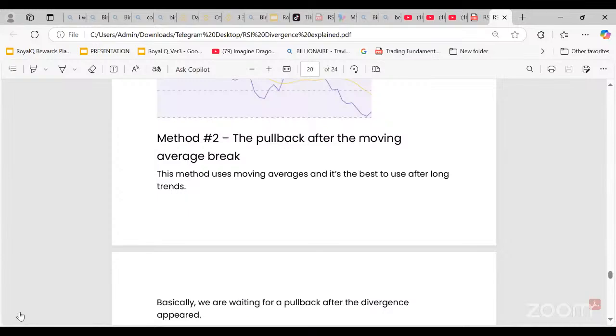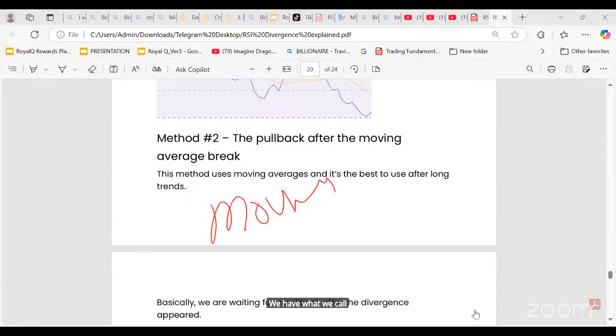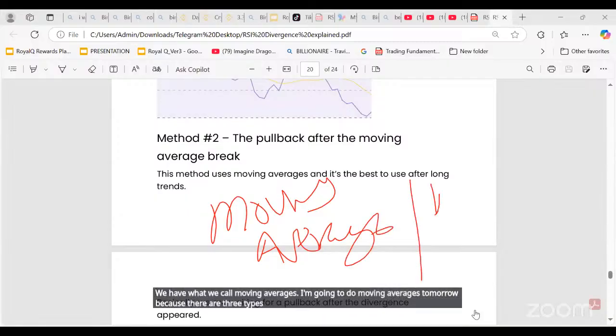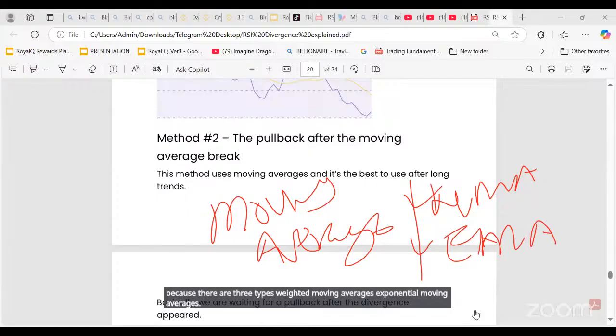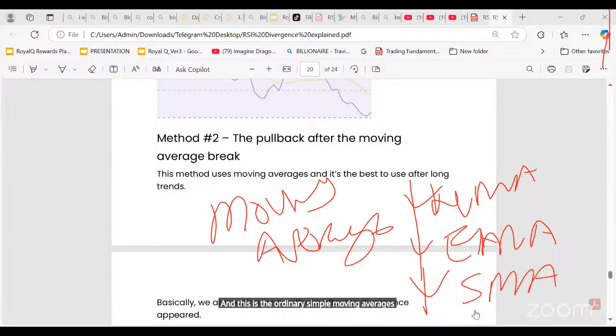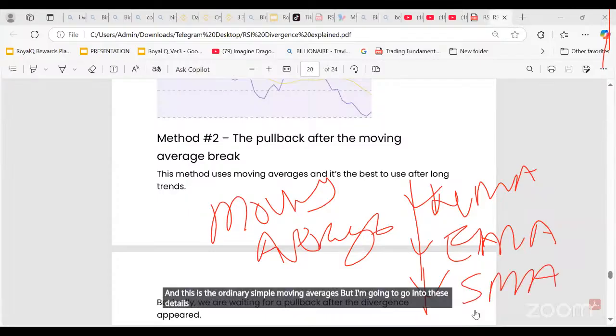Now, in your chart, we have what we call moving averages. I'm going to do moving averages tomorrow because there are 3 types: weighted moving averages, exponential moving averages, and these ordinary simple moving averages. But I'm going to go into these details, I think, tomorrow.